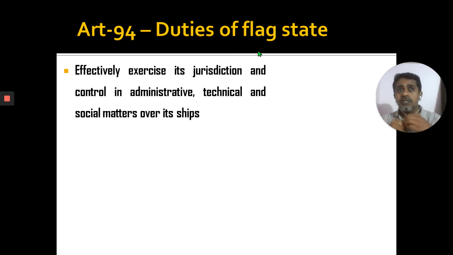These things have to be controlled by the state under whose flag that ship is sailing. And further, social matters like the social behavior, the conduct of the people inside the ship, maybe criminal conduct or other civil matters, even on them, the state under whose flag that ship is sailing should have effective control.